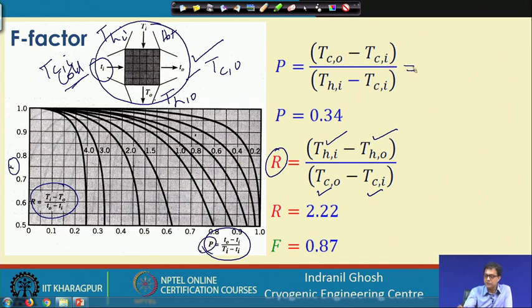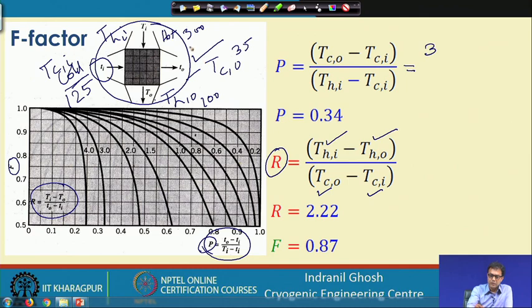P is TCO minus TCI divided by T hot inlet minus TCI. The T cold inlet is 35. The hot fluid comes in at 300 and goes out at 100, and the cold fluid enters at 35 and moves out at 125, if I am correct.